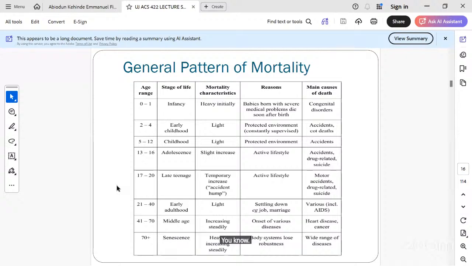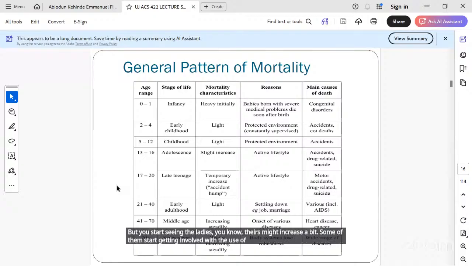Then between 17 and 20, during the late teenage stage, it will accelerate, but it will reduce a little bit. But you start seeing the ladies, theirs might increase a bit. Some of them start getting involved with the use of contraceptives without guidance.